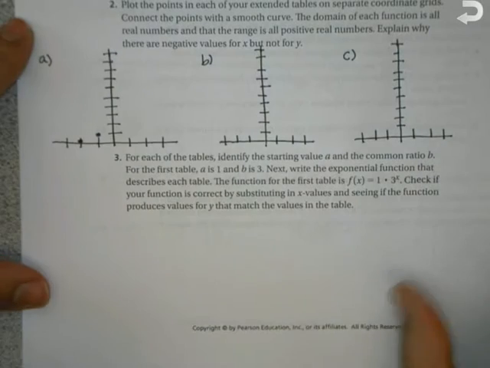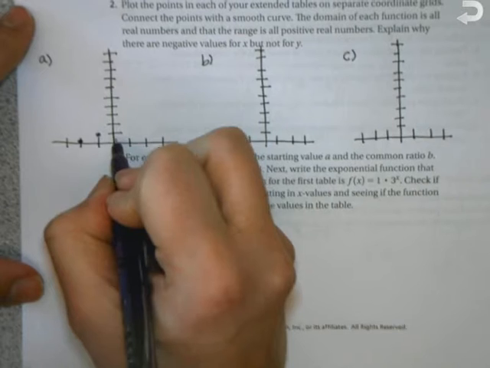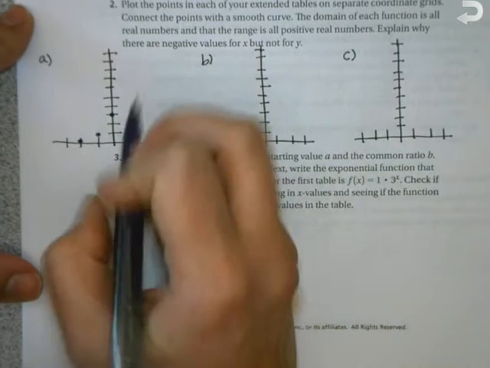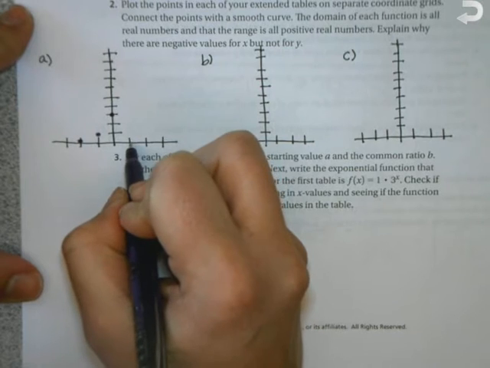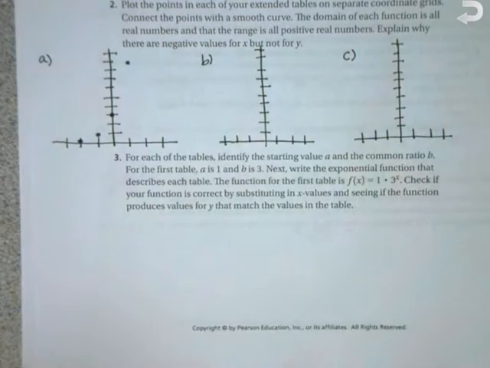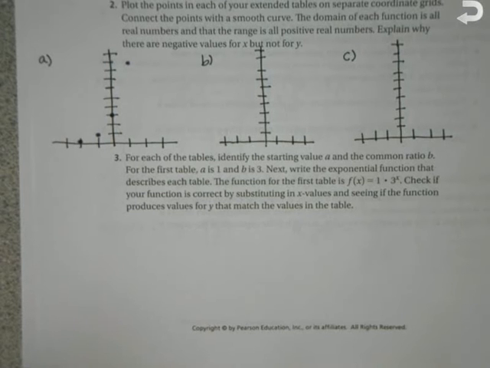What's the next value? 0, 3. So up 1, 2, 3. And then the next one is 1, 9. And mine, I know mine goes to 10, so it's going to be right here. Okay, does that look linear to you? No. Definitely not. So we connect these using a smooth curve.